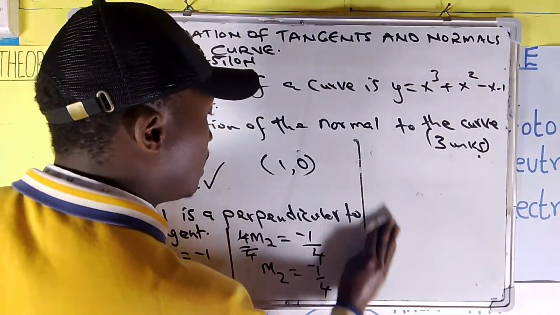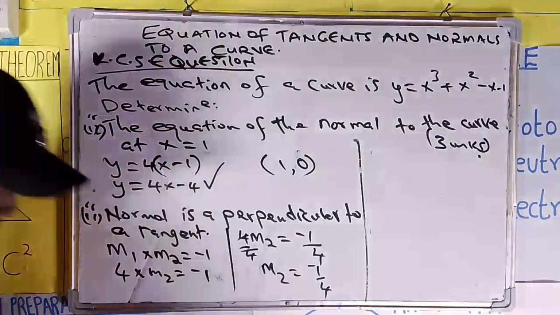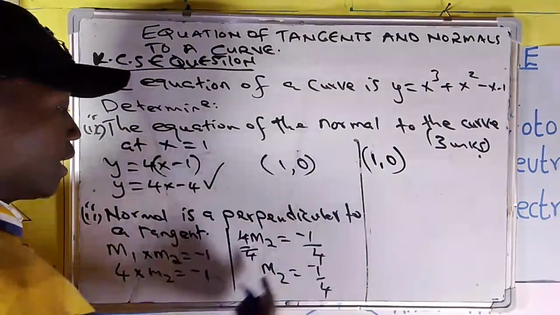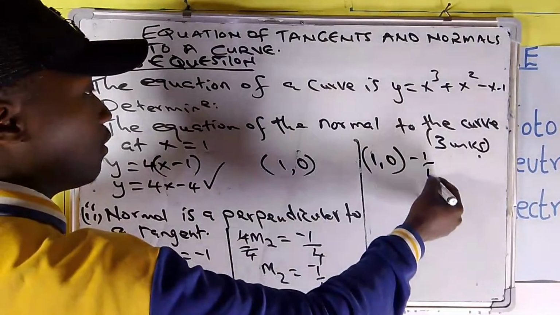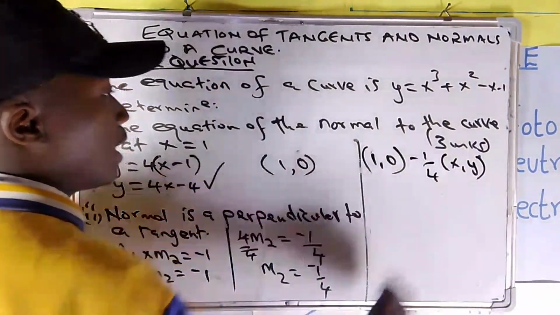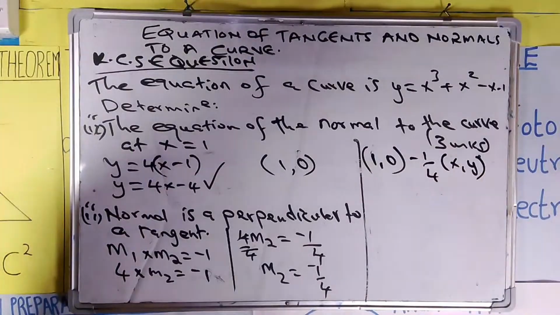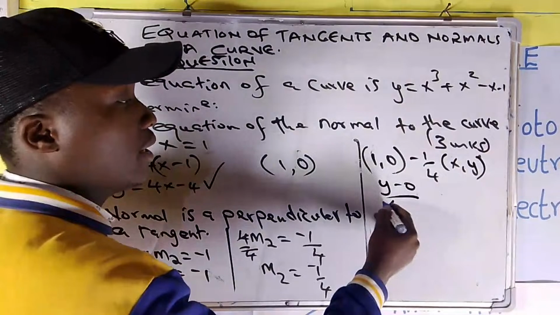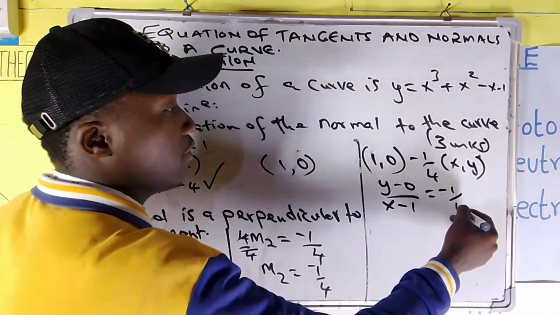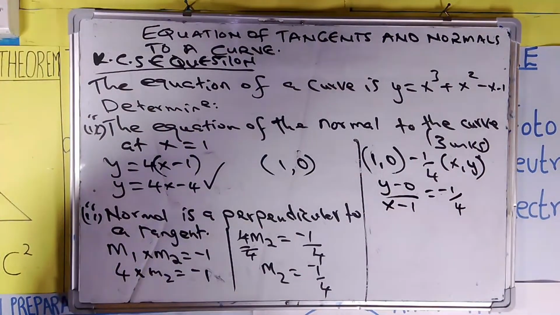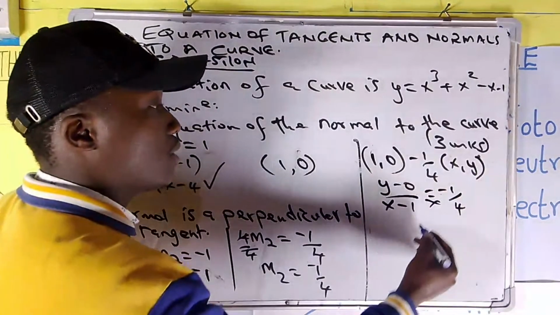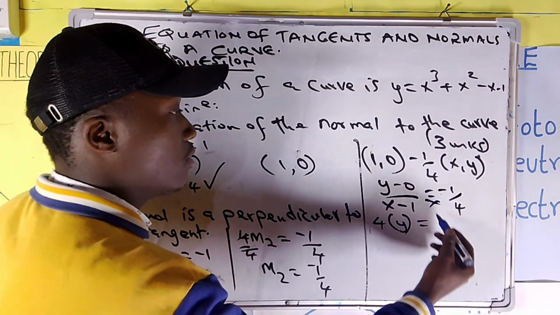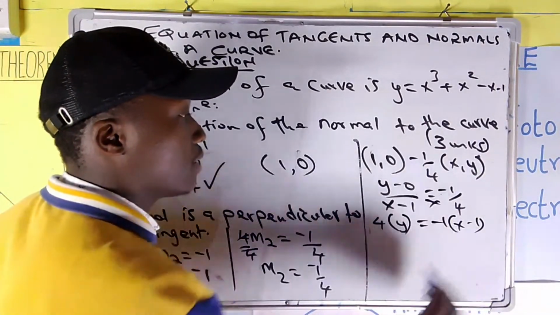Once we get our gradient as negative a quarter, remember they are perpendicular at the same point (1, 0). The gradient is negative 1 over 4, and the arbitrary points are x and y. So we have y minus 0 over x minus 1 is equal to negative a quarter. Once we cross multiply, we have 4 into brackets y minus 0 is equal to negative 1 into bracket x minus 1.